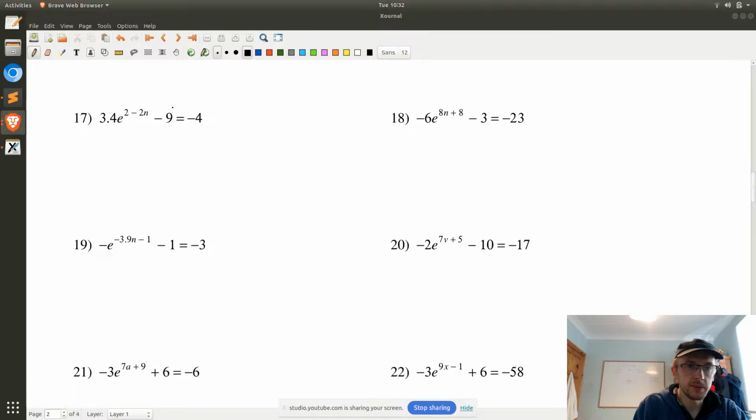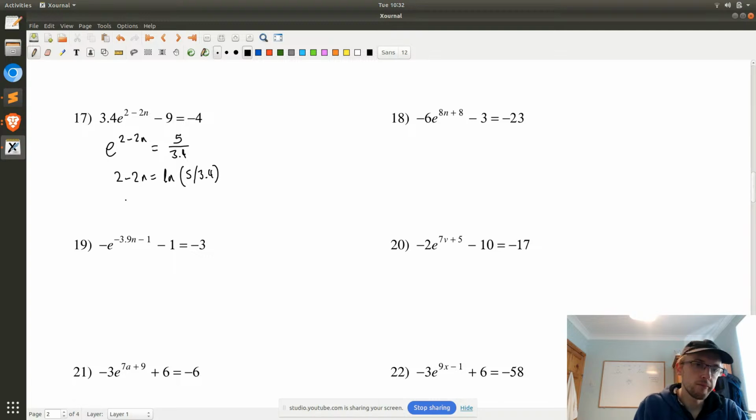Okay, that's a decimal. Add 9 to both sides, so 5 on the right, divided by 3.4. So e to the 2 take away 2n equals 5 over 3.4. Then natural log both sides, in other words, ln. So 2 take away 2n equals ln of 5 over 3.4. Take 2 from both sides and then divide both sides by negative 2.